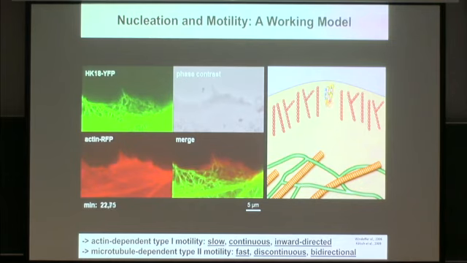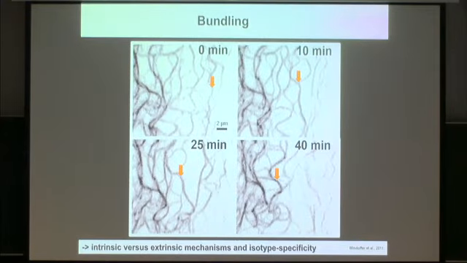Now what happens next after these particles have been integrated into the network? The network itself continues to move toward the nucleus. If you track individual filaments, this is the cell periphery, this would be the nuclear area here, you find that these filaments, which are low in fluorescence intensity, become more and more fluorescent, indicative of bundling behavior that we believe is due to association of several 10 nanometer filaments.